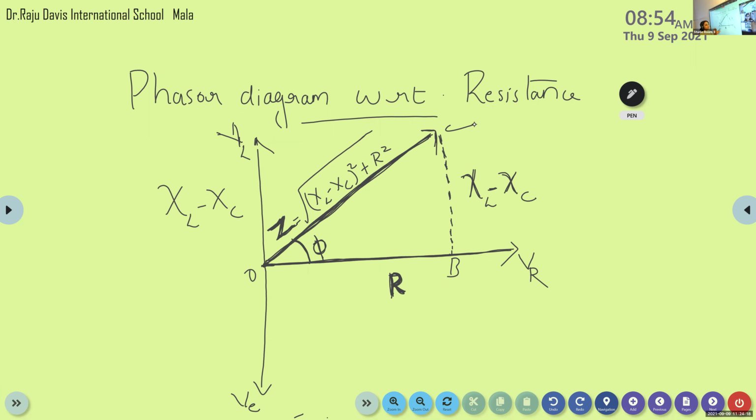Since all the sides of the triangle represent a resistance value, we can call this triangle an impedance triangle.